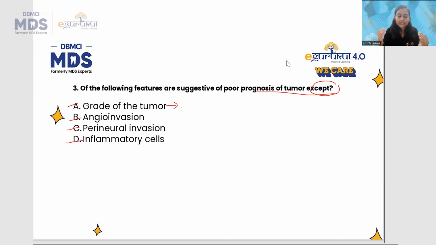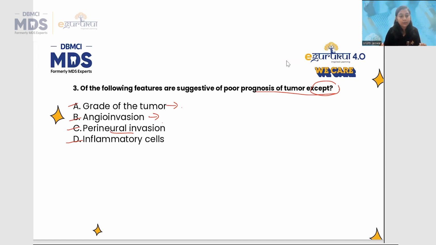It is a very commonsensical question. Grade of the tumor: higher the grade, poorer will be the prognosis. What is angio invasion? That is invasion of the cancer cells into the blood vessels. So if there is invasion of the cancer cells into the blood vessels, obviously there will be a poorer prognosis. What is perineural invasion? That is invasion into the nerve part.